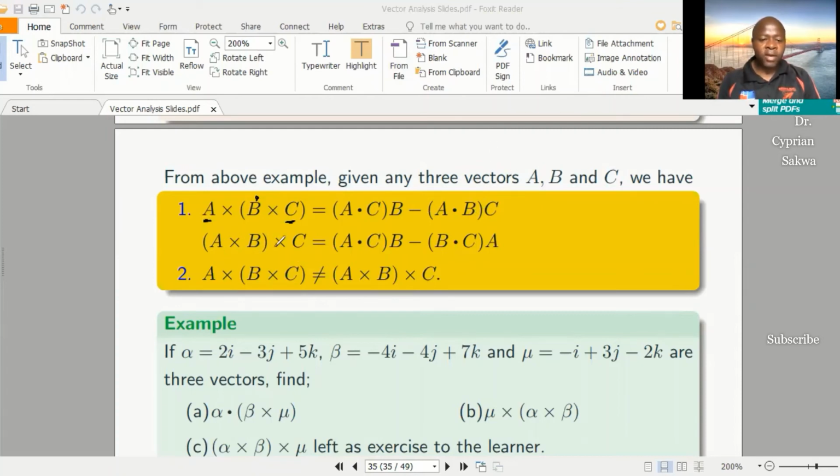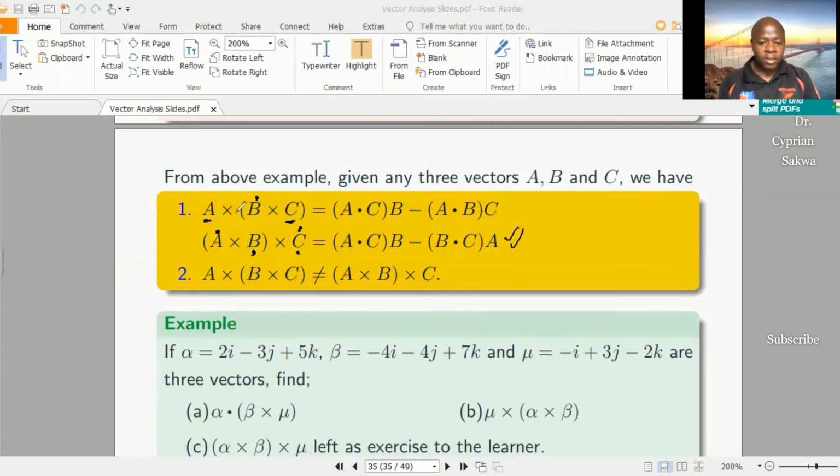What about if I have it this way? Again, I'll do the same thing. The farthest vectors, this one and this, I get their dot product, and the result I multiply by vector B. Now come back and take B dot C, and the result multiplied by vector A. So this will give me this vector triple product, and this will give me the other.